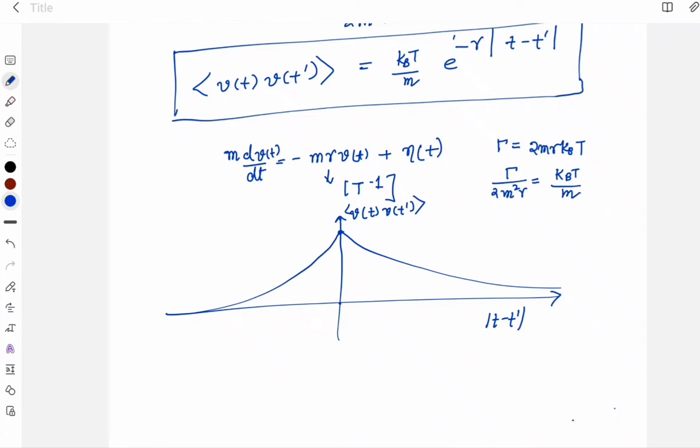What we have seen is that the noise is delta correlated in time, because the collisions by the small fluid particles are bombarding at a very low time scale, like picoseconds.